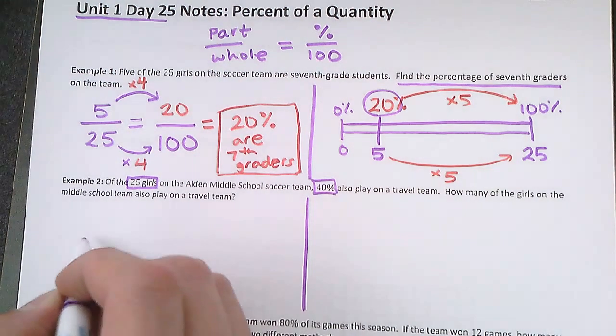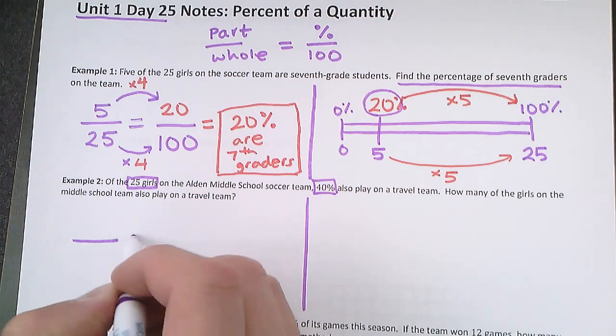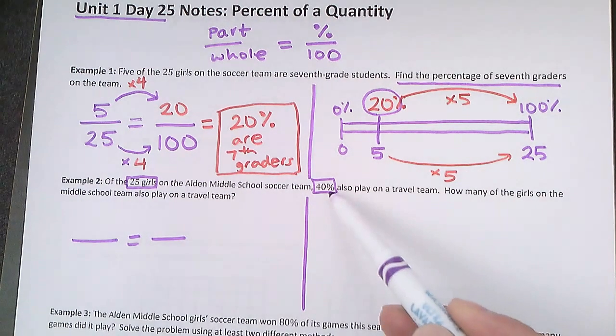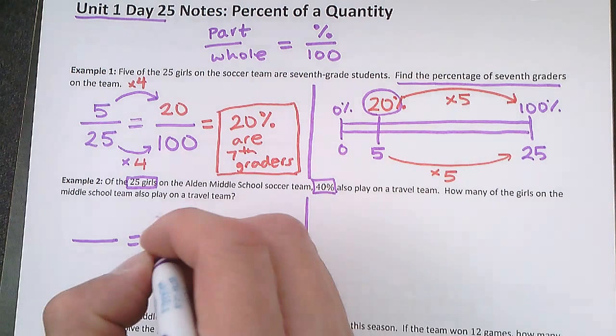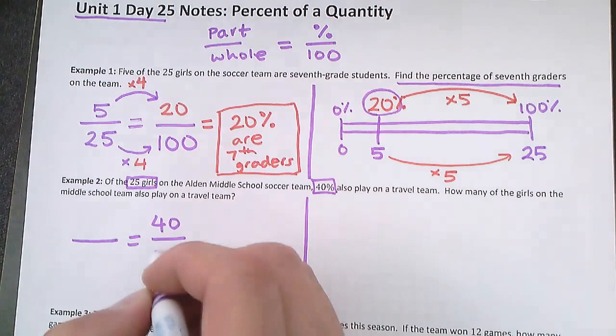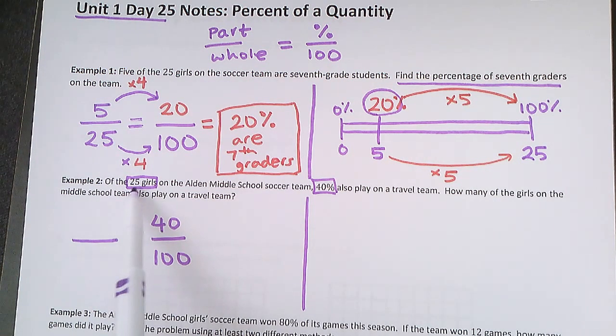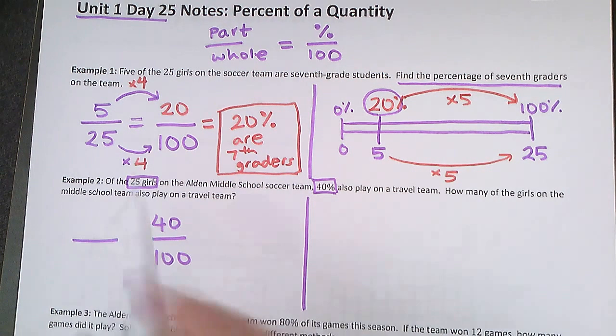So we'll set up what we know in an equivalent ratio. They're giving us the percent, 40%. So that's going to be 40 out of 100. And they're giving us the total, 25 girls. So that's going to go here.